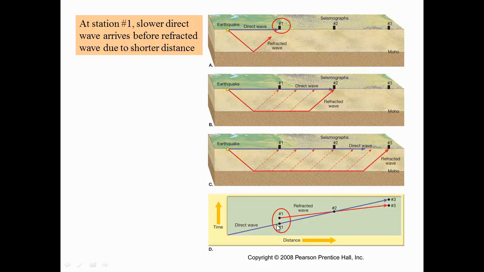And so let's move down to this bottom graph, which is a plot of time versus distance. And we see here that the point representing the direct wave will appear before the point representing the refracted wave. Okay? So there's a lag time between the arrival of the direct wave and the arrival of the refracted wave at this particular station.